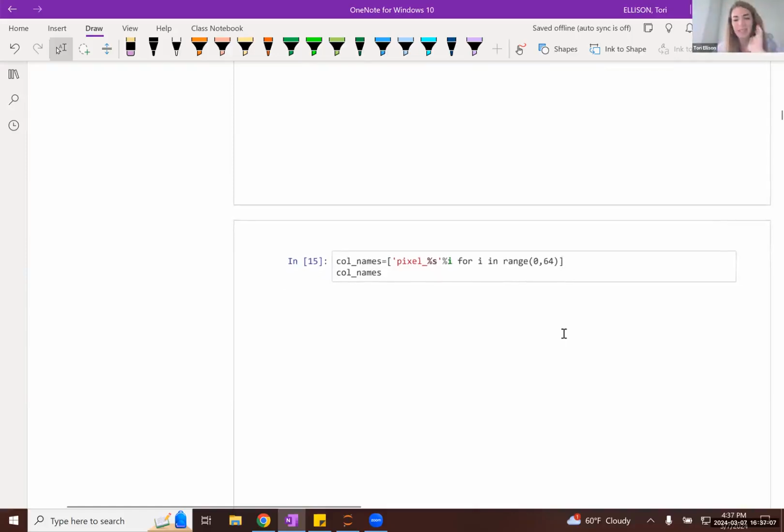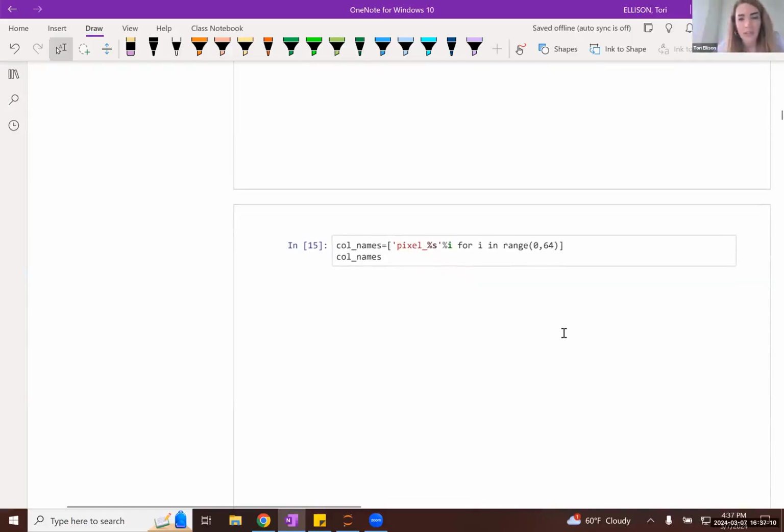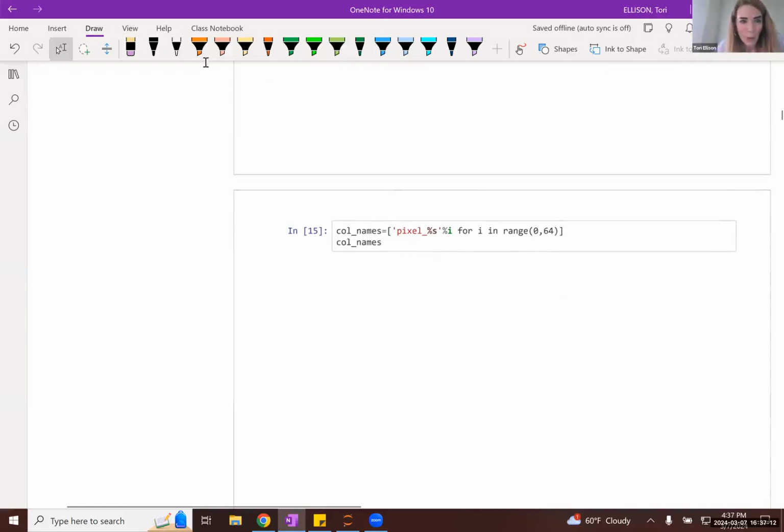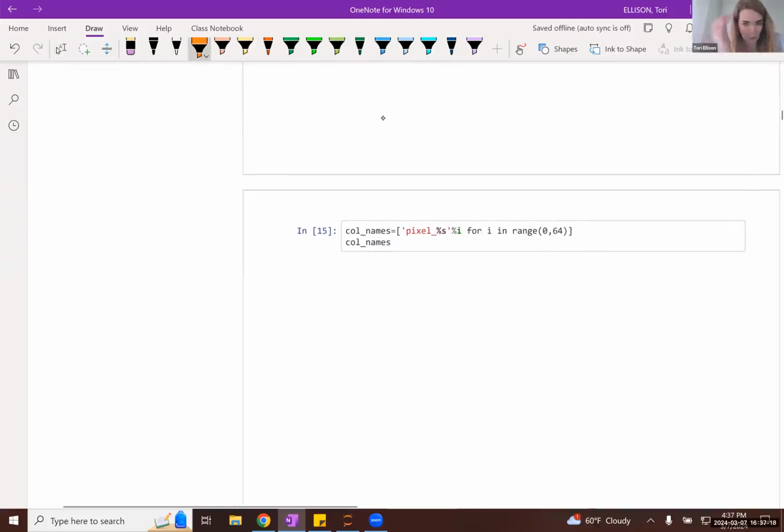I'd like to put this data set into a data frame because that's what I usually like to work with. This makes the task of creating the column names for this data frame a little bit laborious if you don't understand list comprehension in Python. Basically, if you ever want to quickly make a list based on some for loop, you can use this list comprehension setup in Python.